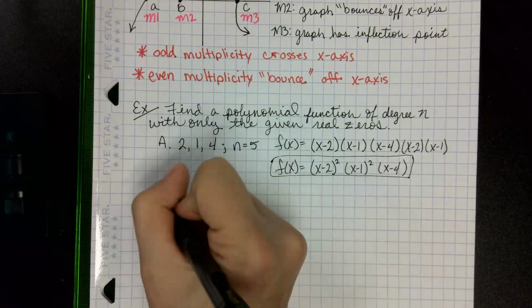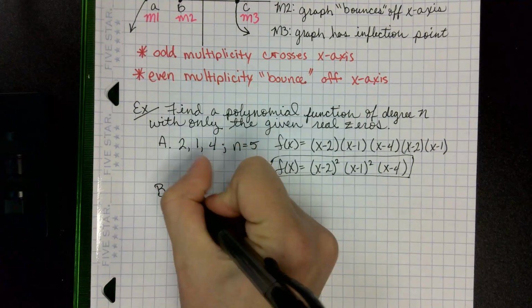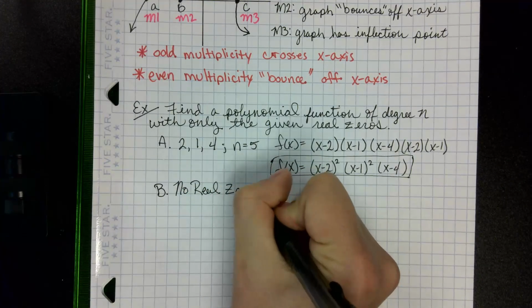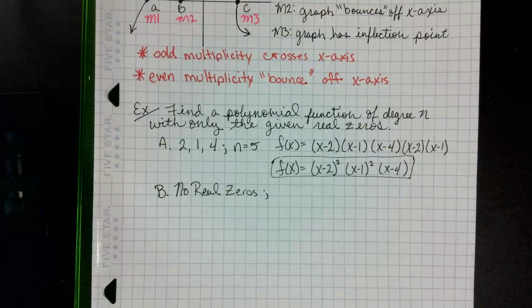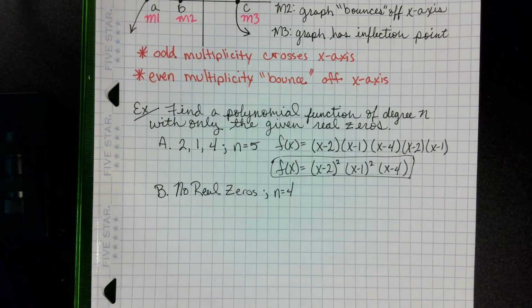And then the next example is, what if there are no real zeros? So if you have no real zeros, but it's n equals 4, you have a degree 4 with no real zeros. So if they're not real zeros, then they're imaginary zeros, right?